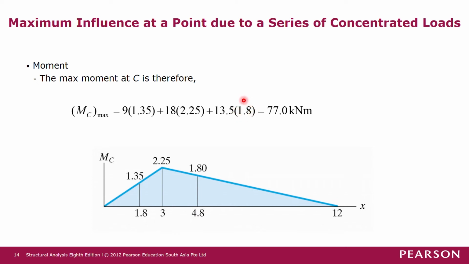If we calculate the total moment, it equals 77.0 kilonewton meter. So this is the maximum moment at point C due to the moving load moving from right to left.